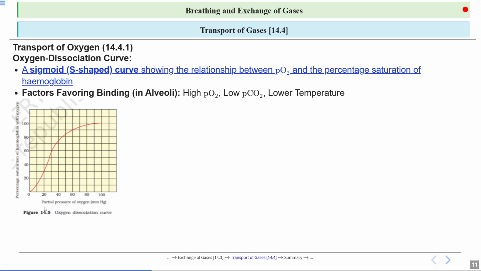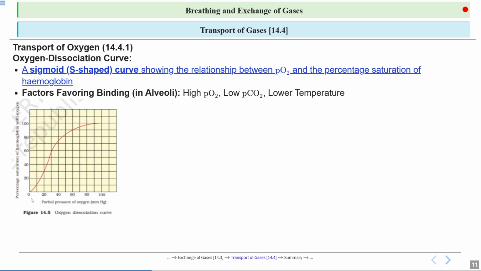Now see what is mentioned on the x and y axis of the graph. Partial pressure of oxygen: here you can see 0, 20, 40, 60, 80, 100 in mmHg. And here you can see the percentage saturation of hemoglobin with oxygen, right? Initially it shows exponential growth: as the partial pressure increases, the saturation of hemoglobin increases. Saturation means the oxygen is combining with the hemoglobin protein.